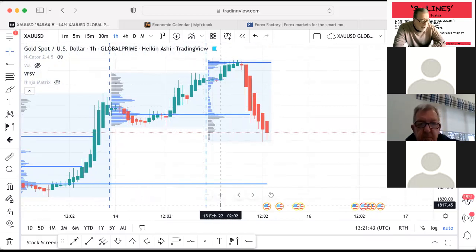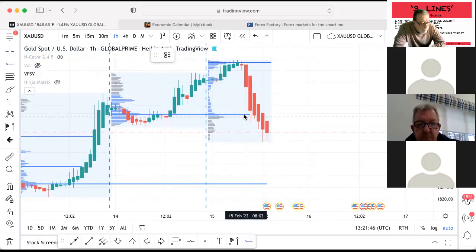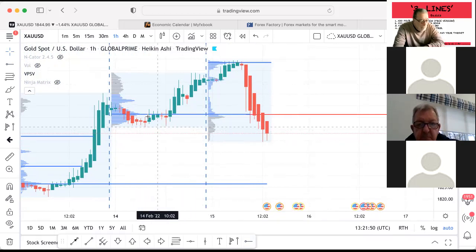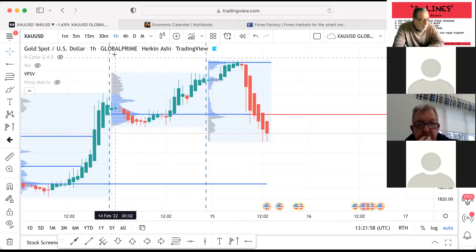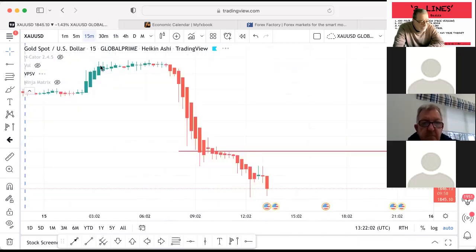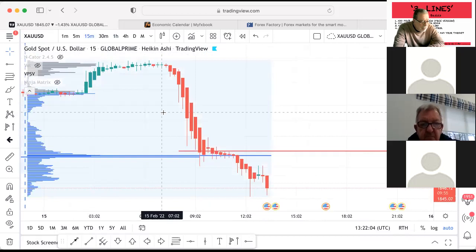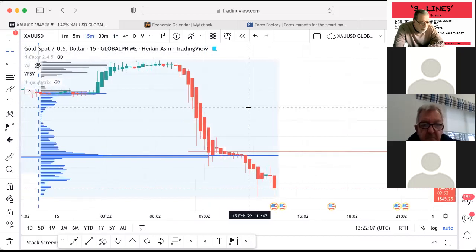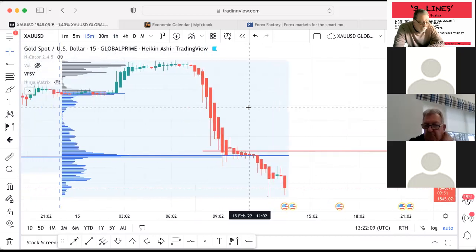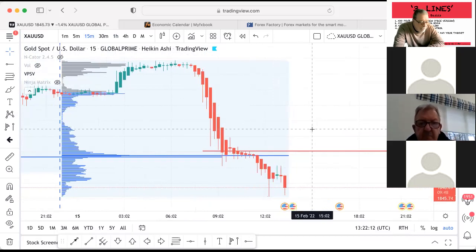So if I just extend that, now something that you might notice is that I'm currently on the 1 hour chart. See what happens when I move to the 15-minute chart. There is a variation. The point of control is slightly different when you change time frames. So it's very close, but it's not the same.